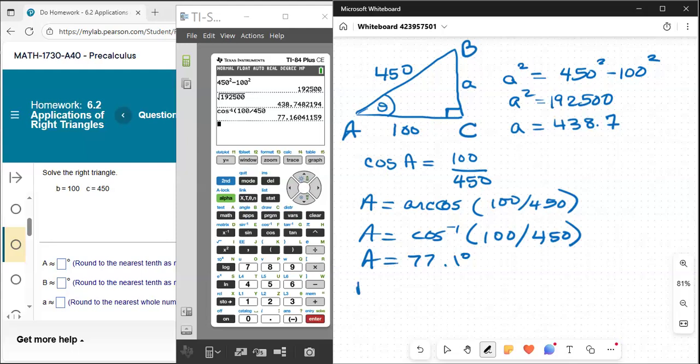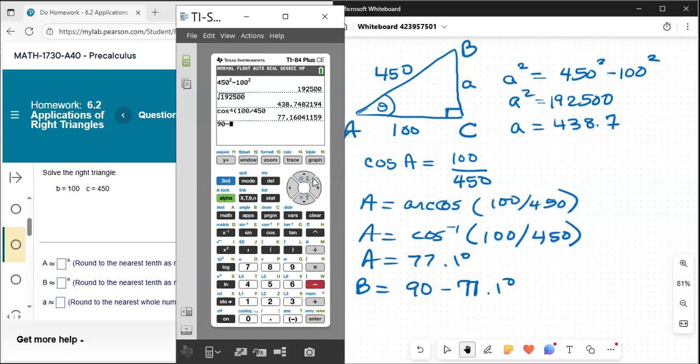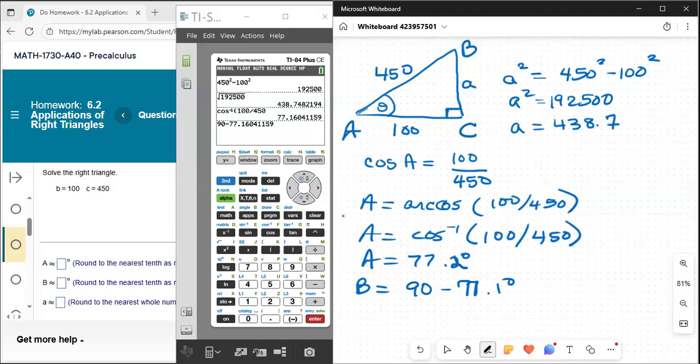And to find B, we just merely subtract that from 90. So 90 minus that answer. Oh, and I think we're rounding it to the nearest tenth. So this actually needs to be a 2 here. Okay.